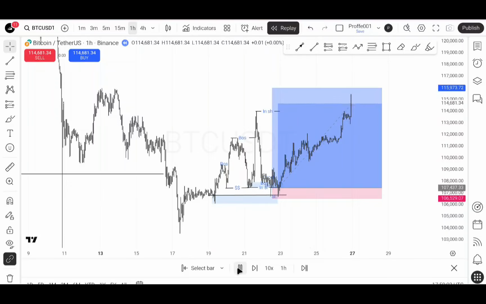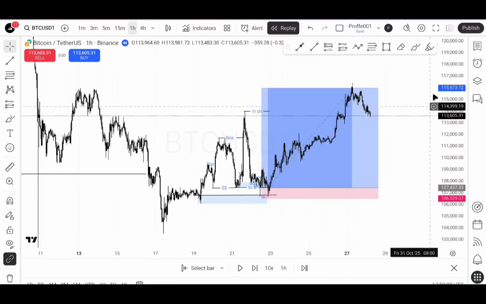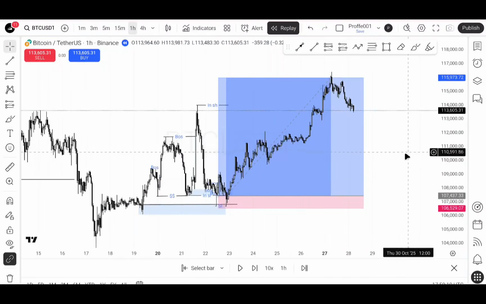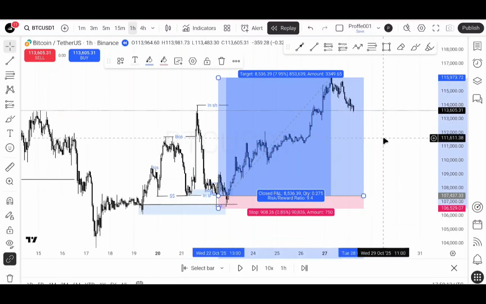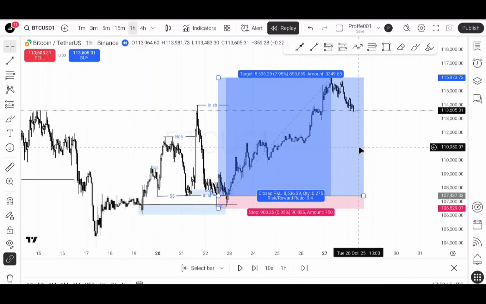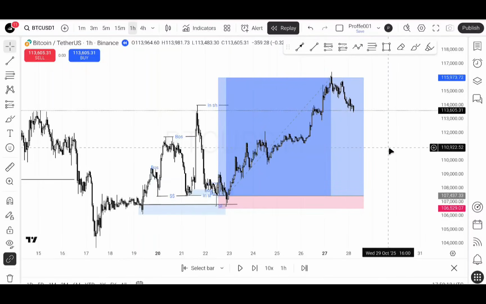So you can see the movement and the delivery rate, right? Immediately it gave us over 9 risk to reward ratio from this trade. And in the analysis we shared and the directional bias we shared, everything played out as simple as this.